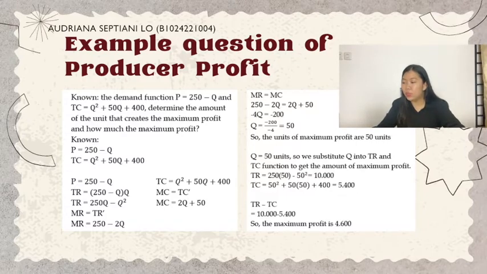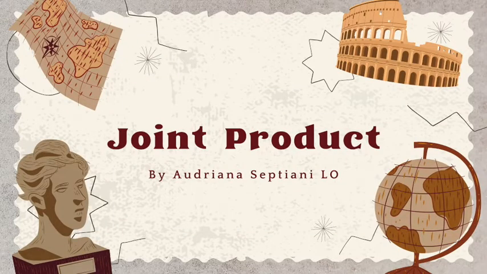TC equal to 50 power 2 plus 50 multiplied by 50 plus 400, and the result is 5,400. Now TR minus TC, it is 10,000 minus 5,400. So the maximum profit is 4,600.